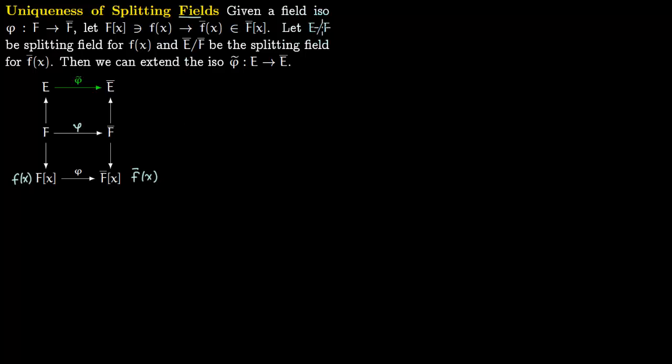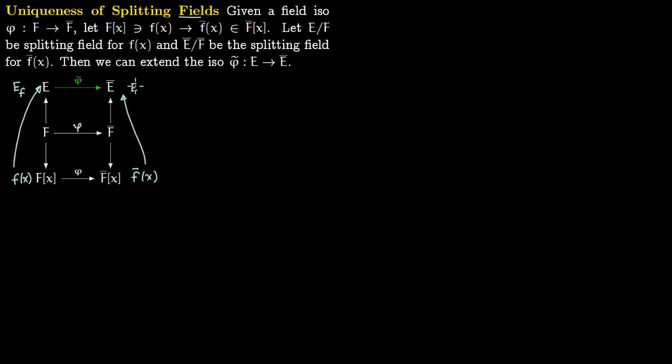And let E be a splitting field for f of x, where f of x lies over this F. So the splitting field for this is this E. You can also write it as E subscript f to denote that splitting field for f. And for this f bar, you have the splitting field E bar. So this is the splitting field for f bar.